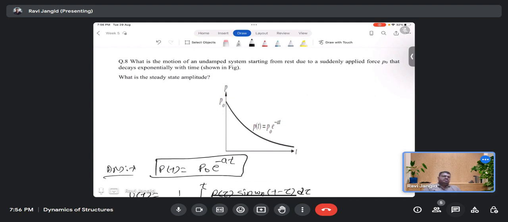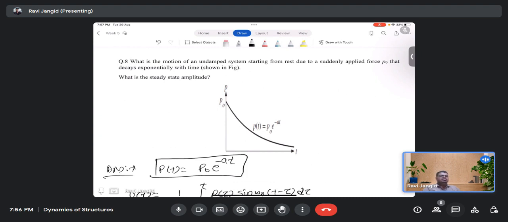Anyone? Is the Duhamel integral procedure applicable for the nonlinear system also? Can I use that? Because Duhamel integral is like a superposition method kind of thing. Yes, it is actually a linear system method of superposition.